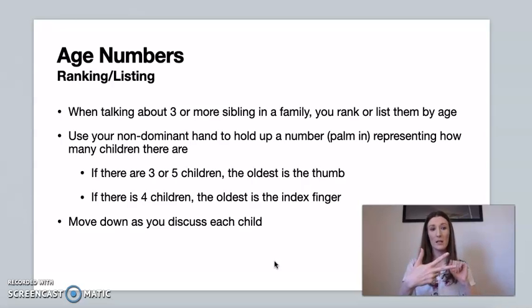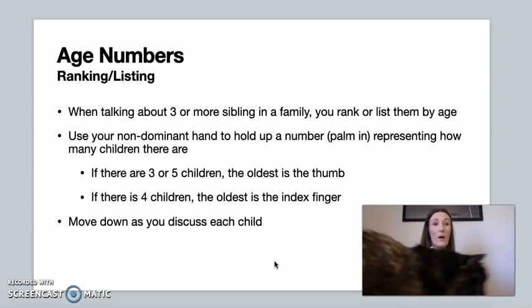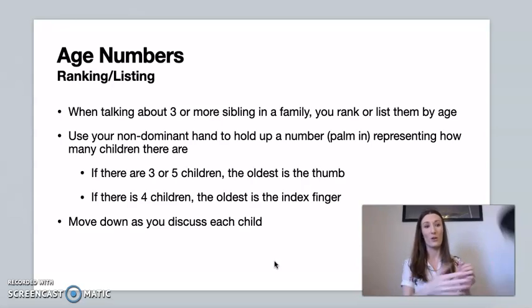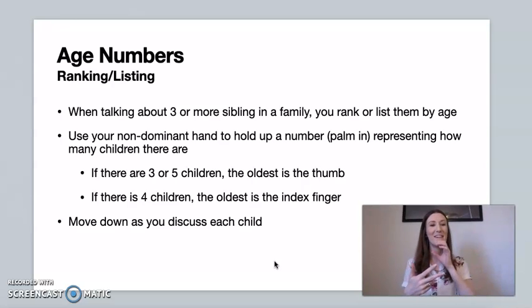The oldest is on my thumb. Let's say I'm the oldest. So me, old, 32. My younger sister is old 29. This one, I'm making this person up, old 25.